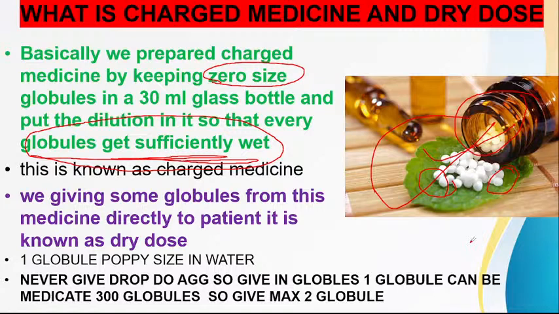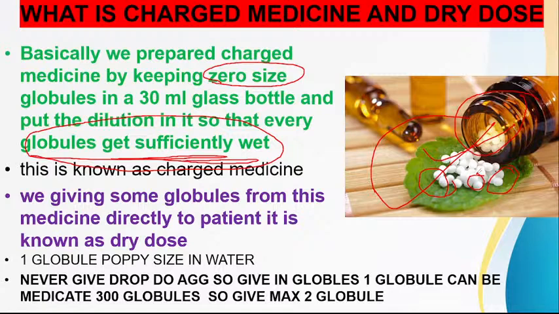This is known as the dry dose. We do not apply water here. So that is how the charged medicine is prepared and what a dry dose is: we put one or two medicated globules with some non-medicated globules and give them to the patient directly.